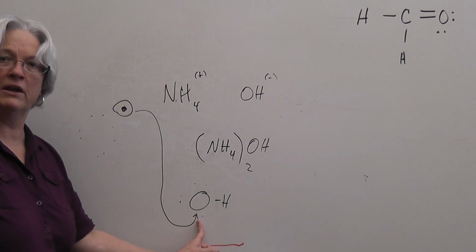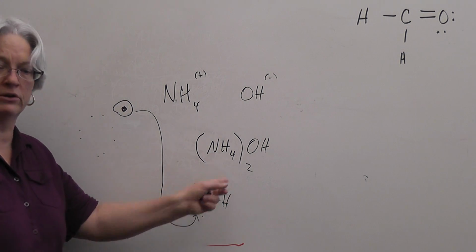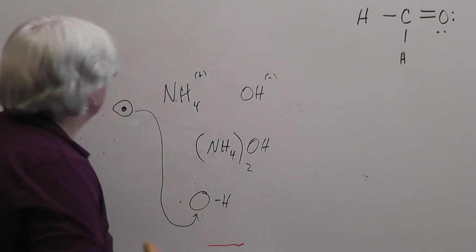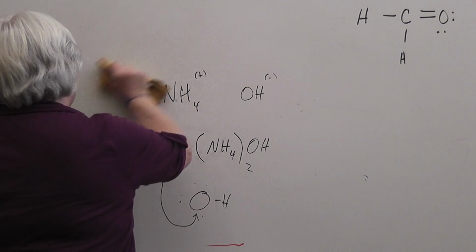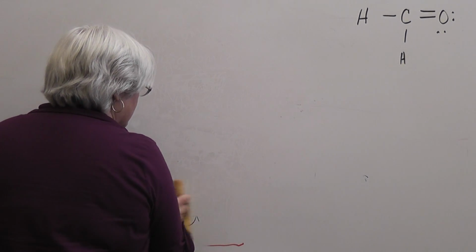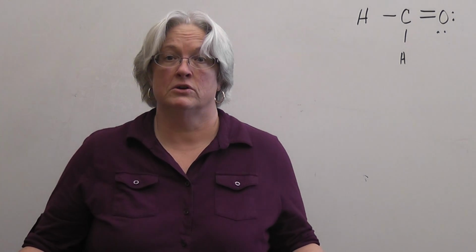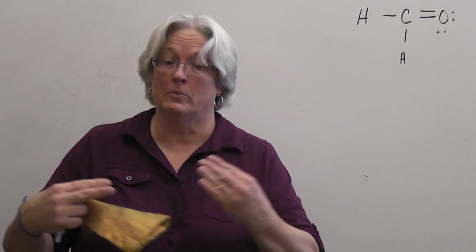It slips right into the hydroxide ion. That's how you end up with ammonium hydroxide. So anyway, there are those 14 ions that you need to learn. The vast majority of them, 13 of the 14, have a negative charge. You have to know what the negative charge is, period, or else you're not going to be able to write the formula.